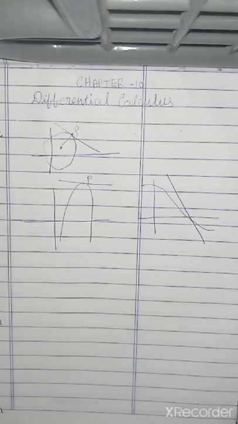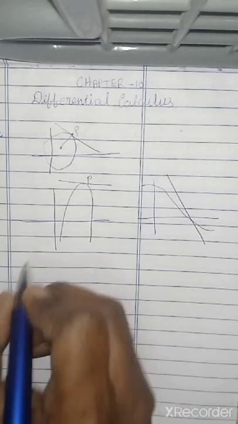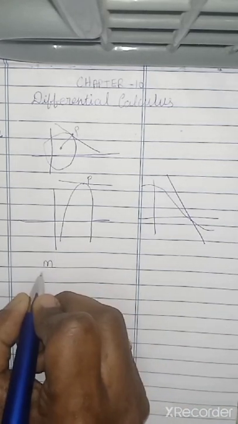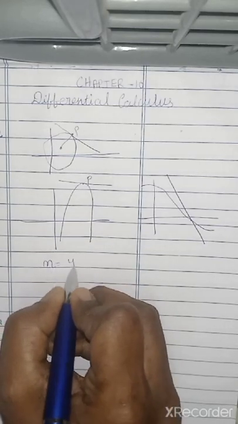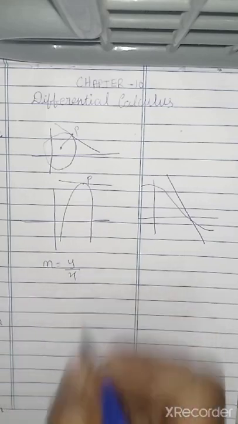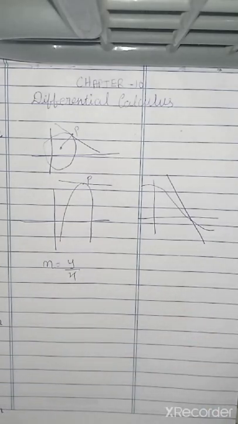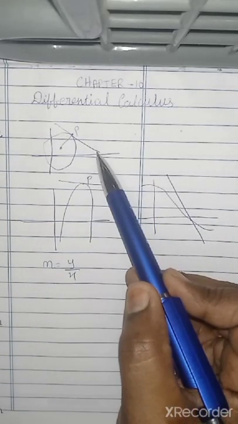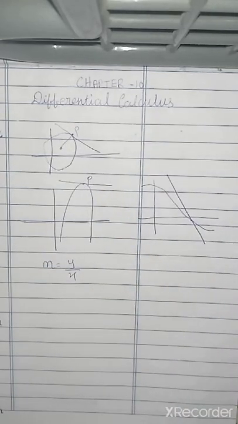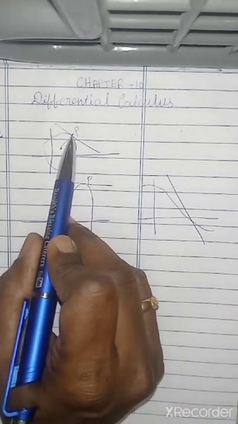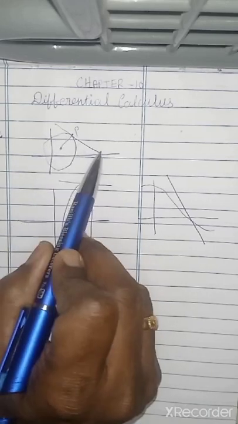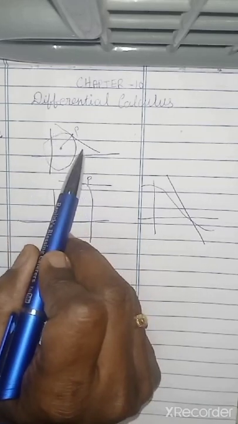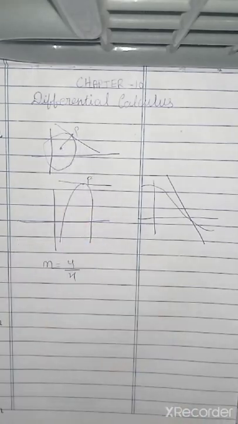Here we know m is the slope. Slope means what? Y by x, correct? Suppose we take a tangent line at this point, your x value and y value will change. If we take a tangent line, there will be a change in your x and a change in your y.